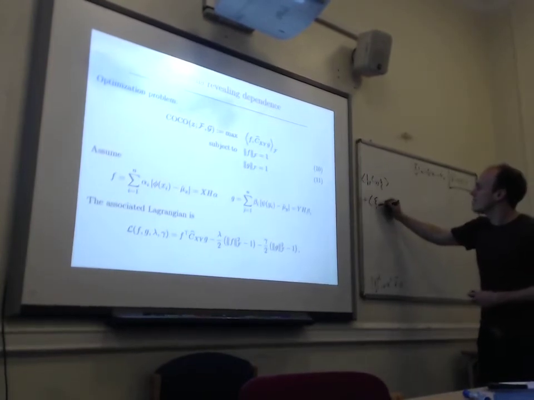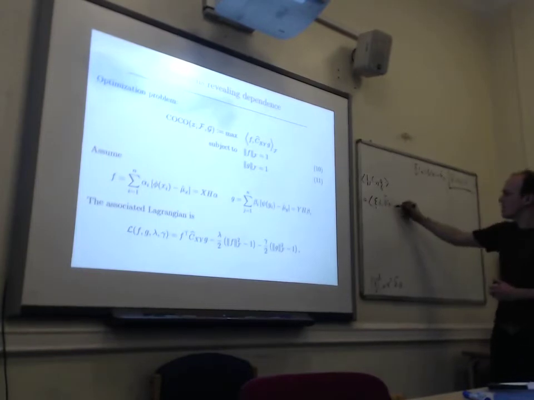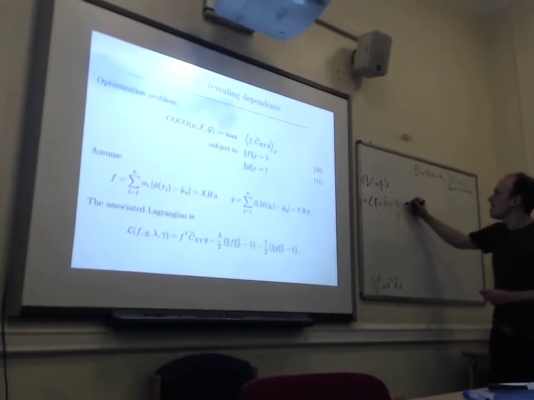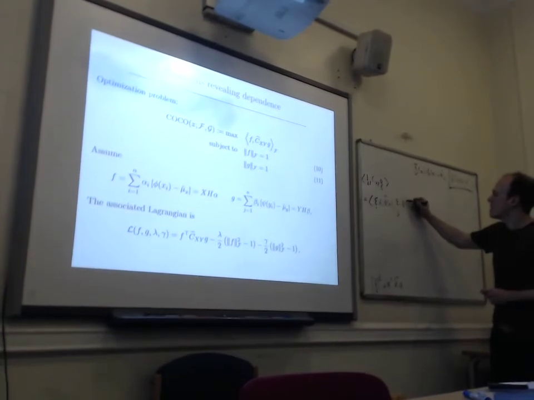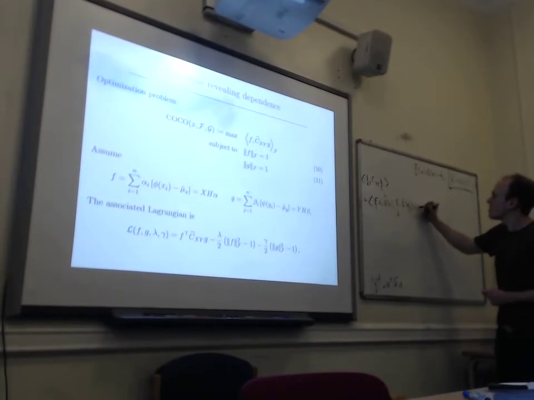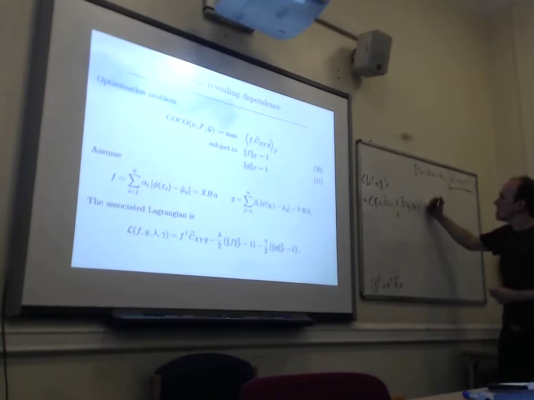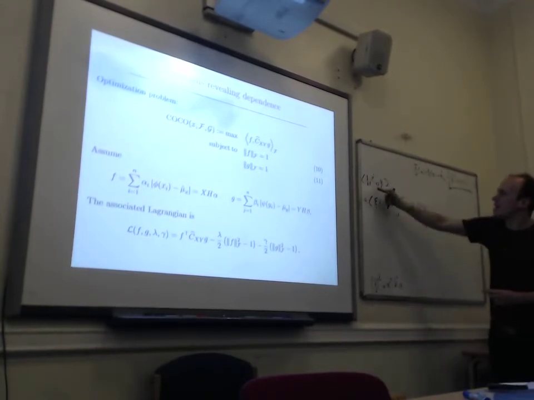Sum over i, alpha_i phi tilde of x_i, and then you've got the sum over j of phi tilde of x_j tensor phi tilde of y_j. So this is my empirical covariance operator.